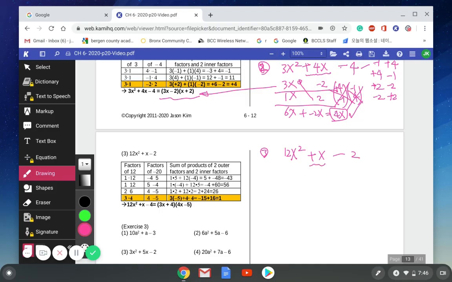When I try with 1x and 12x, so to make a negative 2, it has to be 1, negative 1, and positive 2, because the bigger factor has to be positive. Or positive 2 and negative 1. So you have 2 combinations. But anything with 1x and 12x, when I actually tried it, it didn't work out.